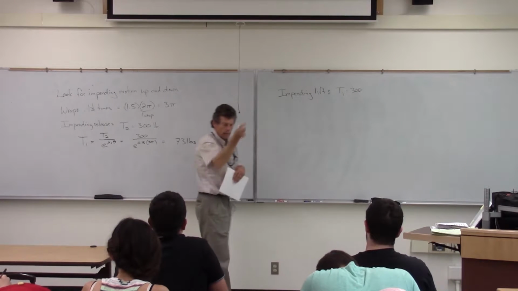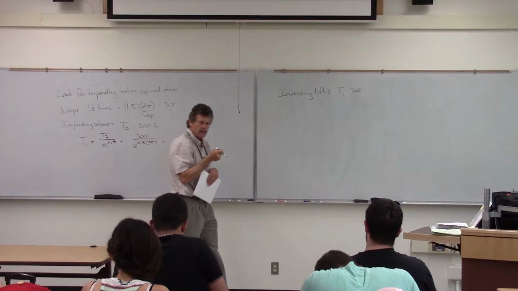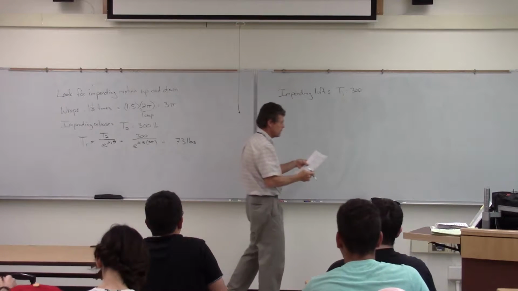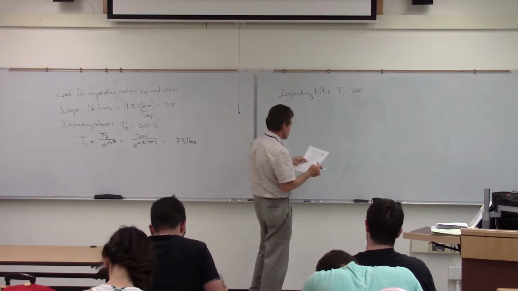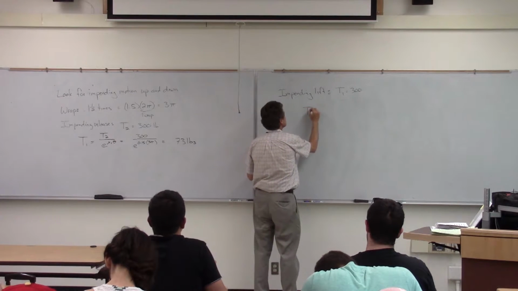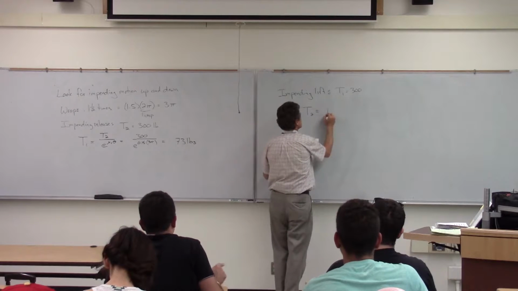So when I'm considering now pulling on it, what is it going to take to get that thing to go up? My T1 now is going to be the 300, the smaller. It's going to take more to get it up. Now I can put the equation that I started with.